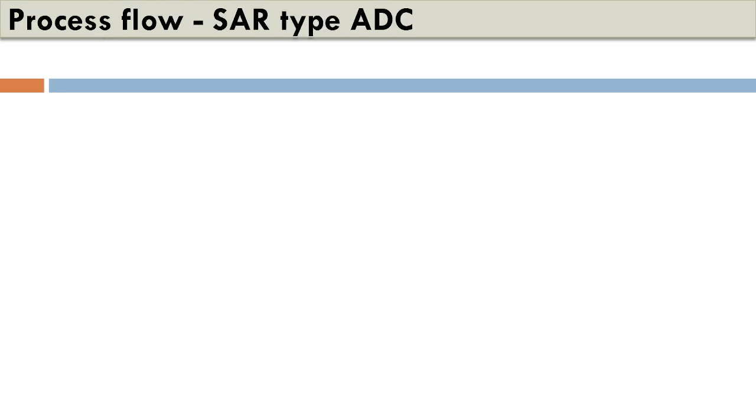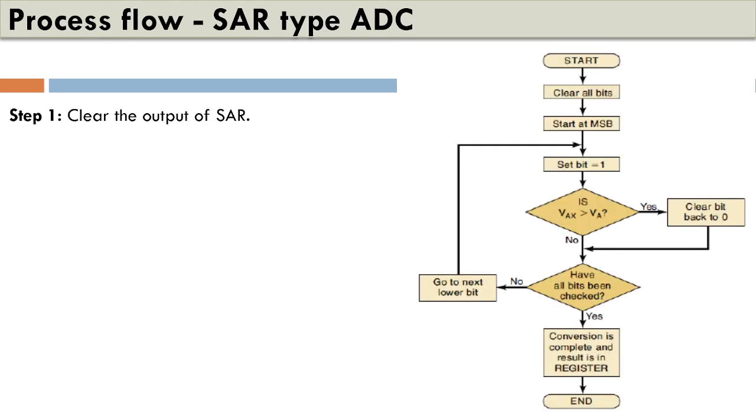Now, let us have a look at the process flow of SAR type analog to digital converter. Now, we can see the output of the SAR is initially cleared, and the process starts with the most significant bit of the successive approximation register.